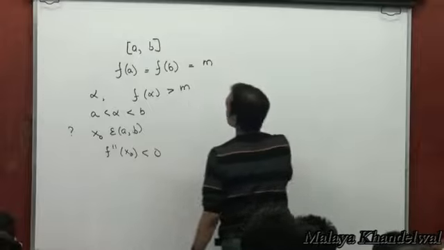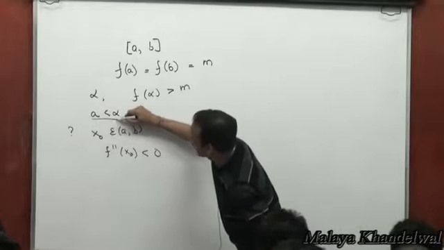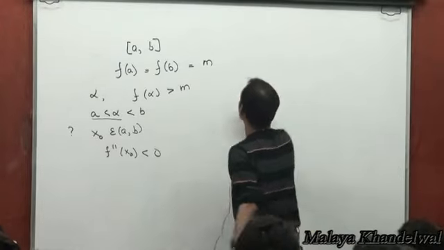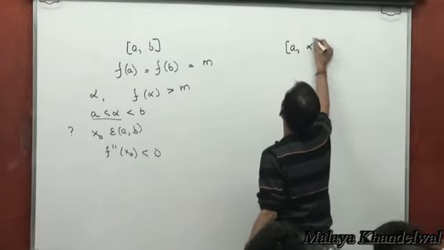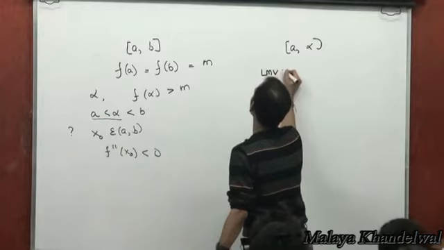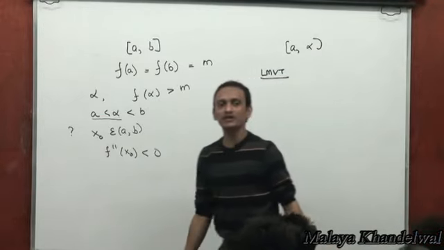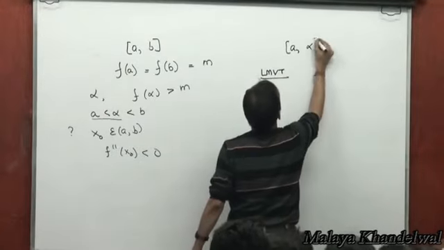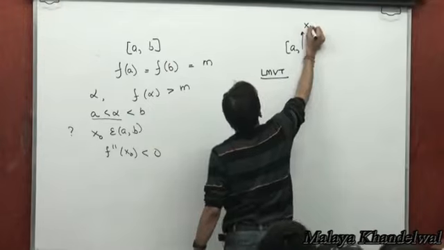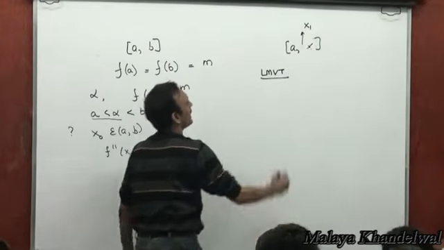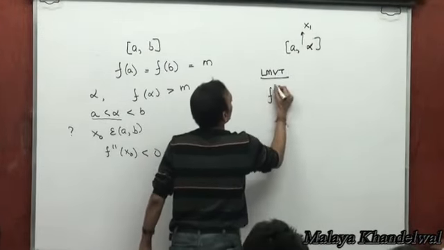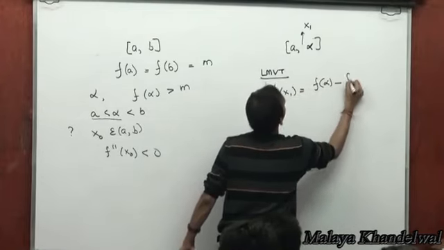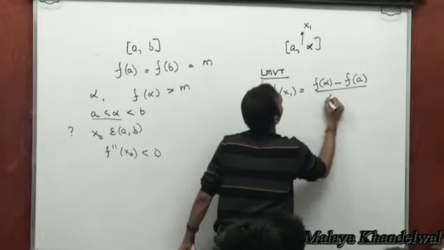What we do is, well, between a and alpha, let's apply LMVT, right? In the interval a to alpha, let me apply Lagrange's mean value theorem. Which means that there must exist an x1 between a and alpha, for which f dash x1 will be (f(alpha) minus f(a)) by (alpha minus a).